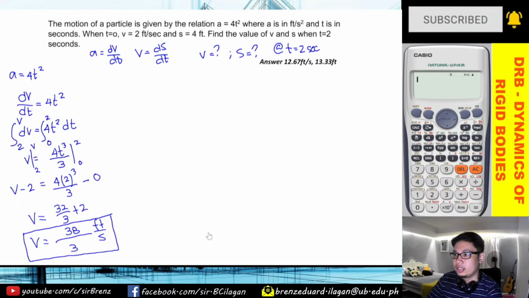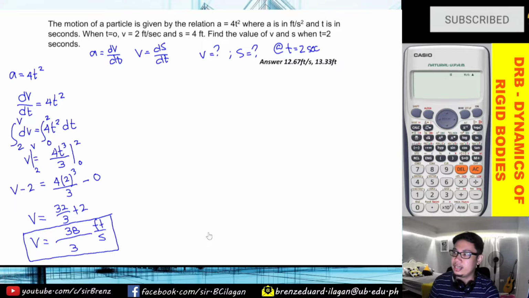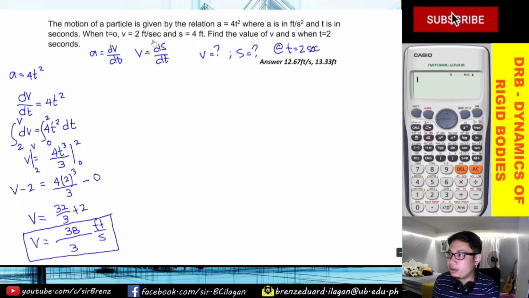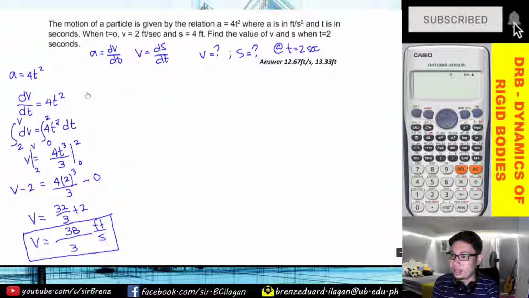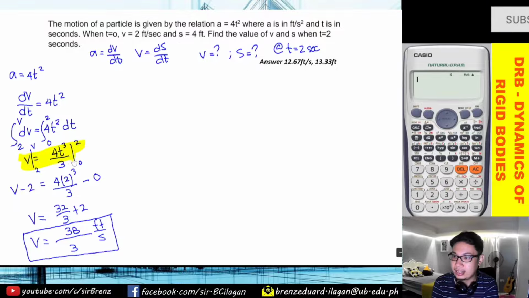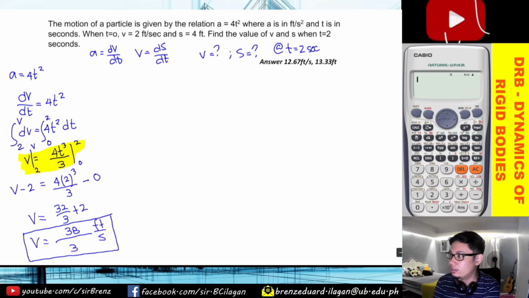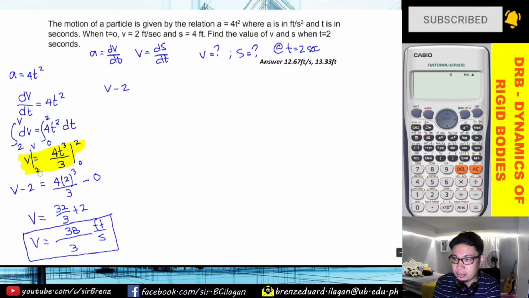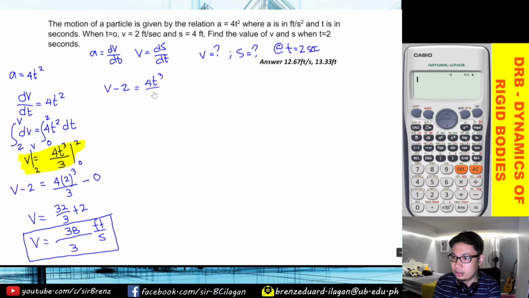Okay, so this time let's solve for S at 2 seconds. To get the displacement S, we first need to simplify this, because we need that equation. So v minus 2, upper limit minus lower limit, is equal to 4t cubed all over 3, and then minus 0.